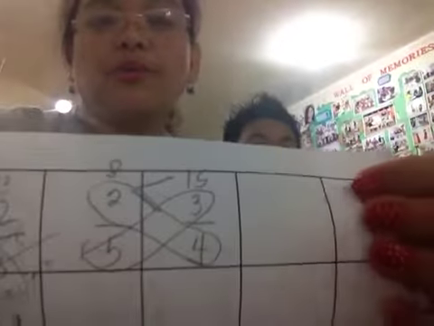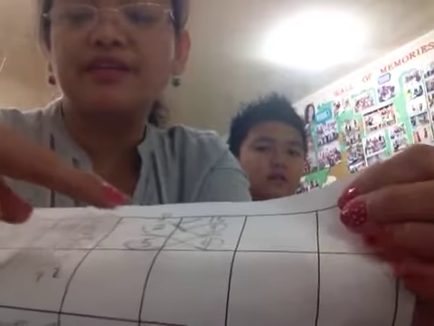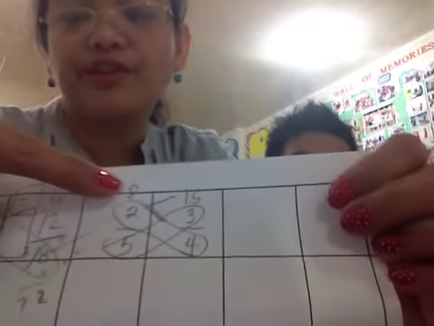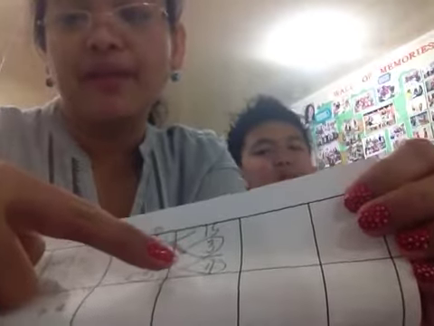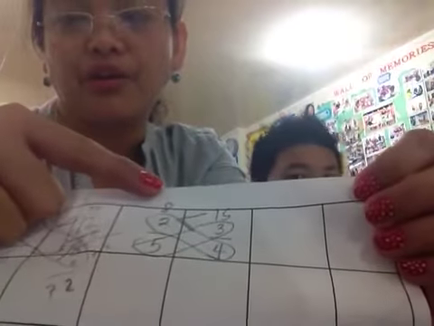So don't forget this, okay? So there. To get the comparison, you multiply the numerator of the first fraction by the denominator of the second fraction. That will be your first term.